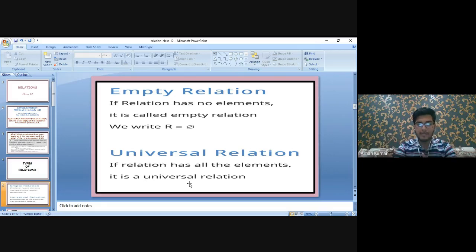That means all the elements of the first set A are related to all the elements of B. Only then is a universal relation possible.